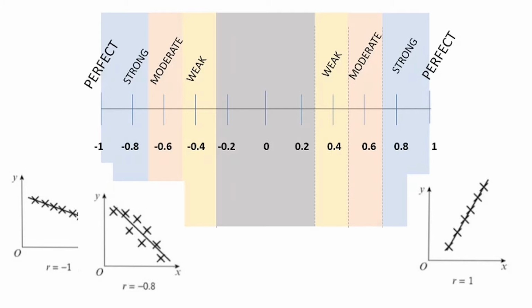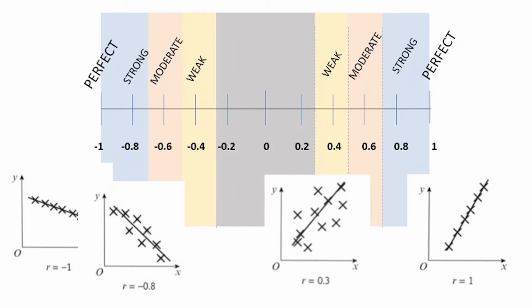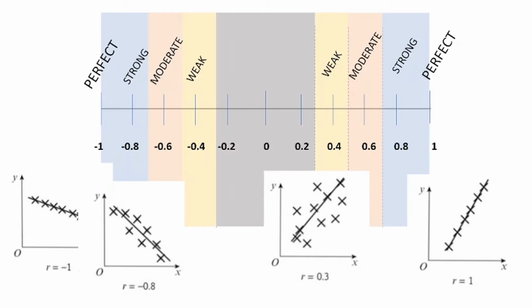Correlation coefficient of -0.8. These seem to form a positive correlation. They are trending in the right direction for positive correlation, but you can see that the deviations, the distance away from the actual line of best fit, from the regression line, is a lot larger. So this is a weaker correlation. This coefficient was 0.3.